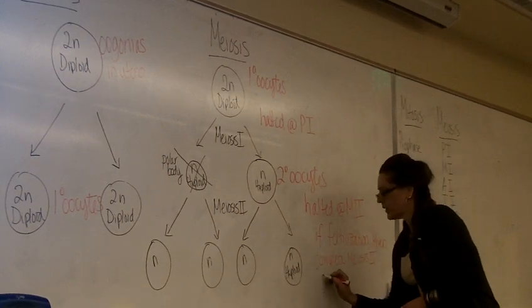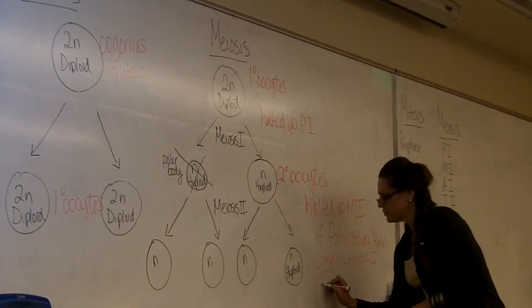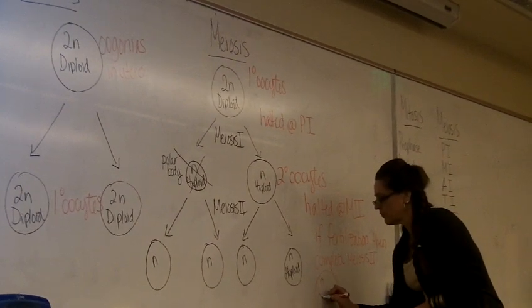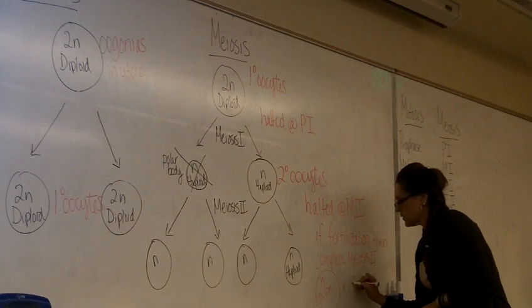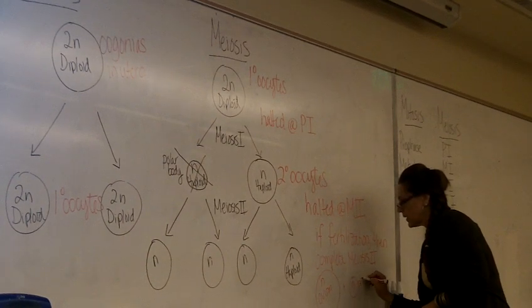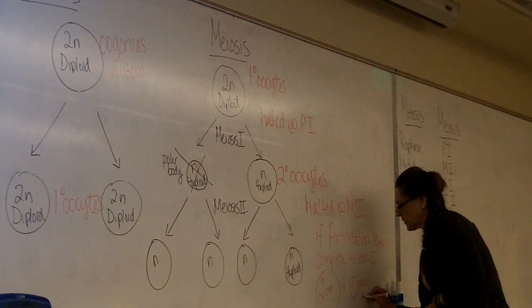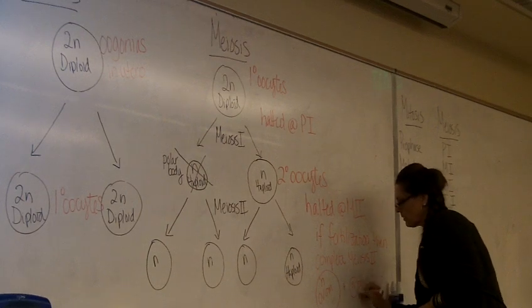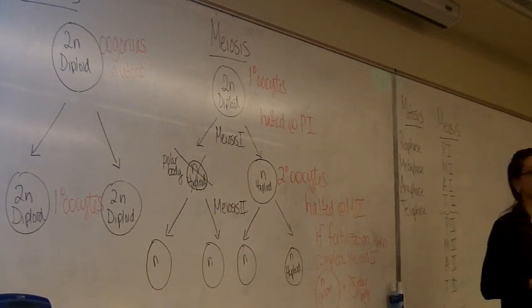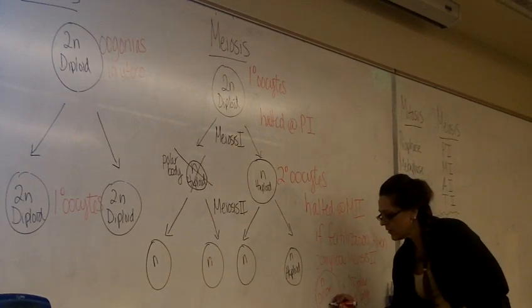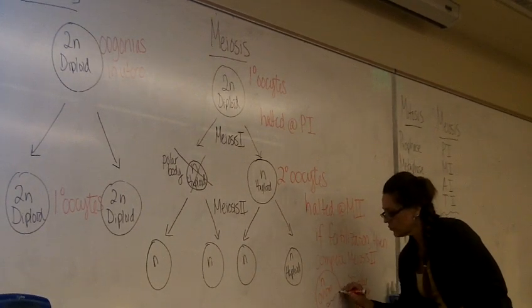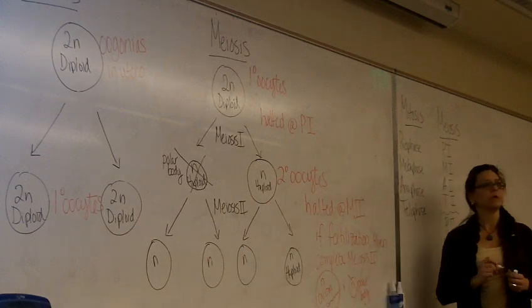And you'll end up with a large haploid ovum plus a really small polar body, and that polar body will just die off. And inside of that ovum will be our sperm cell.